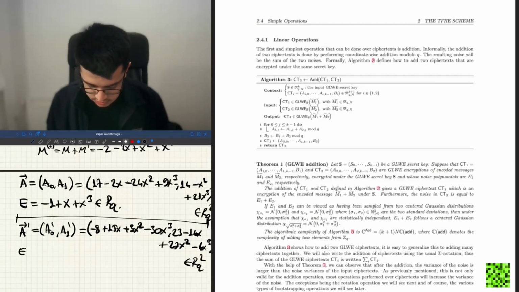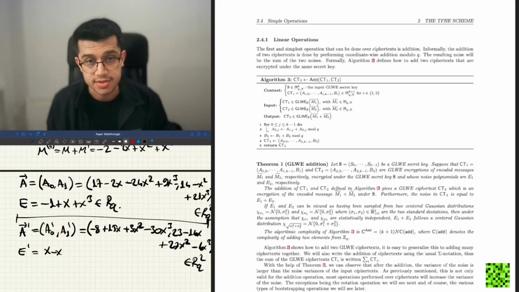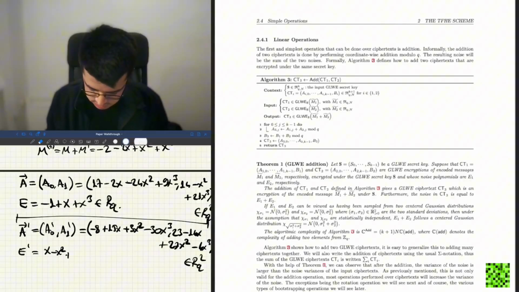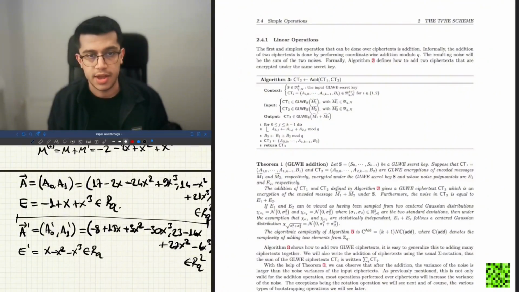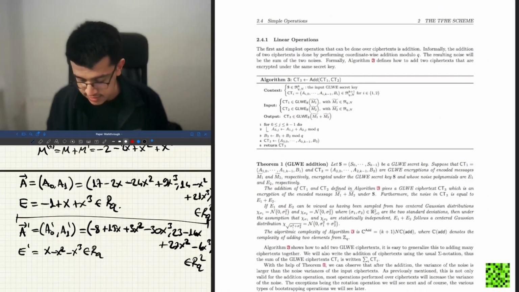And the corresponding noise polynomial is equal to x minus x squared, sorry, it should be minus x cubed from RQ. Okay, now we have everything we need.